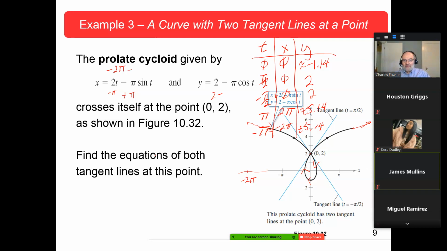Okay, now what it says to do, find the equations of both the tangent lines at that point. Now they've drawn in light blue those two tangent lines. Here's one and there's one. Okay, so what are we going to have to do here? We have to determine the tangent line at those 2 points.